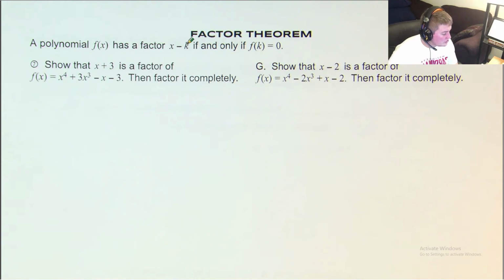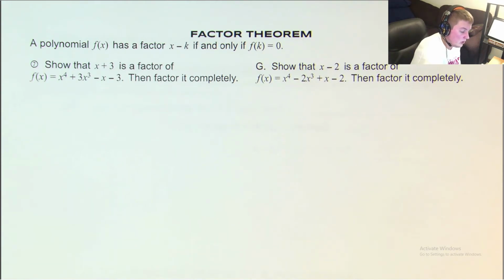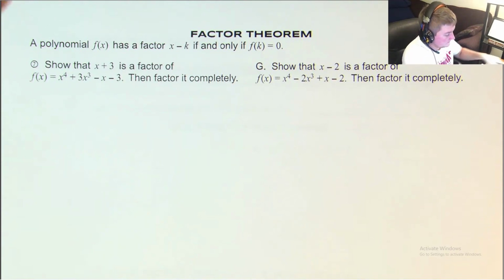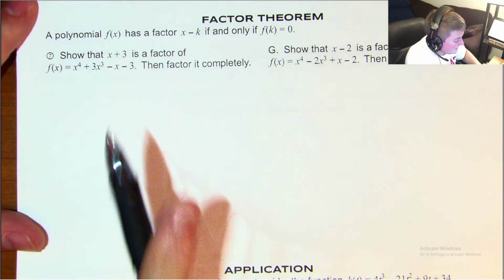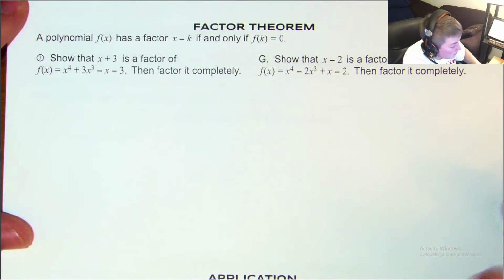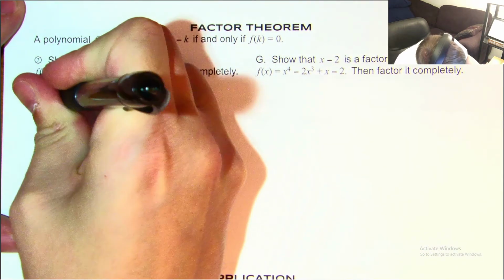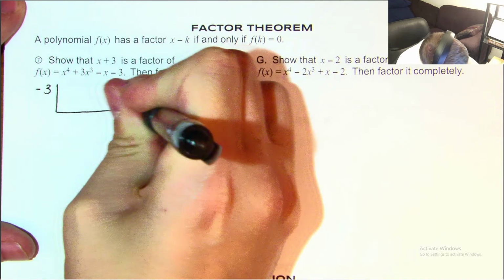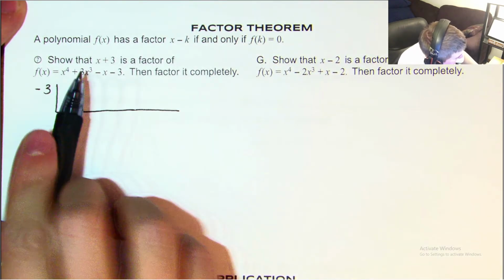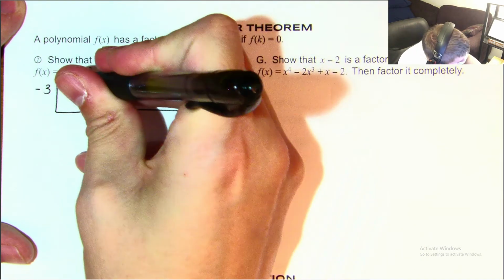So we want to show that it is a factor. If you recall, you're going to take the value that makes this 0, which would be negative 3, and we put it in here into our upside down division. 1, 0, negative 1, negative 3.